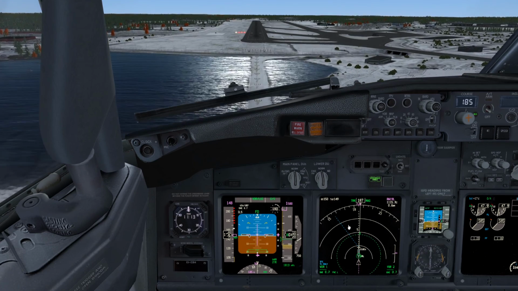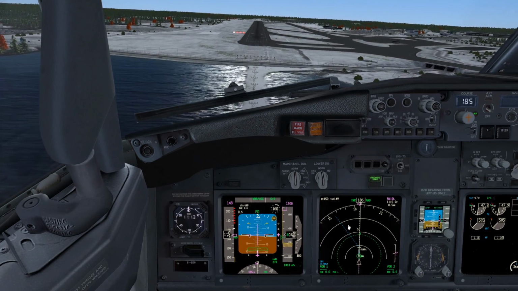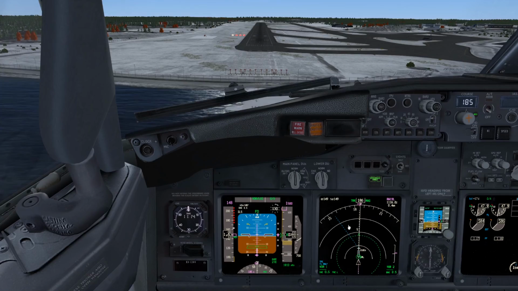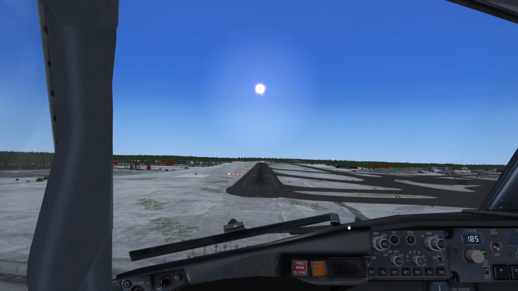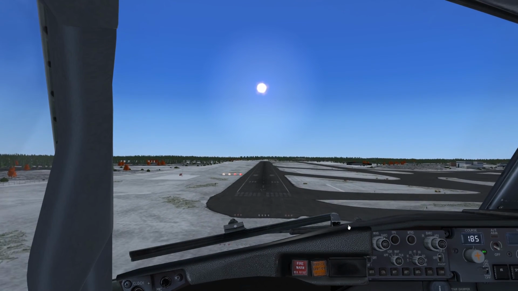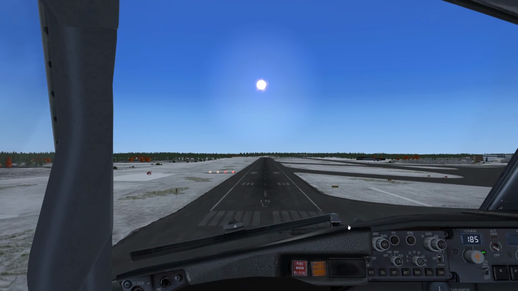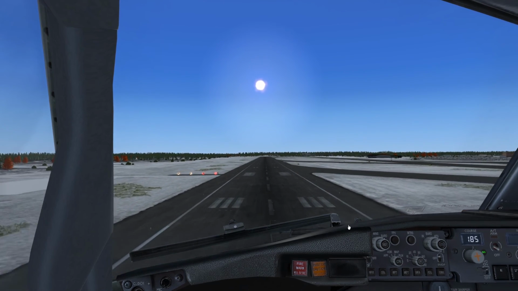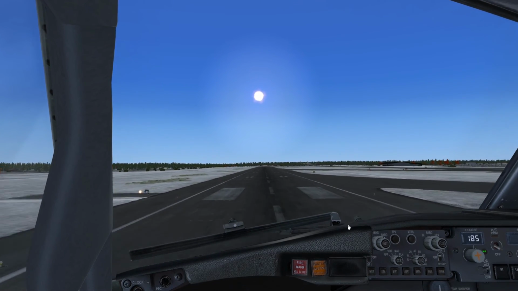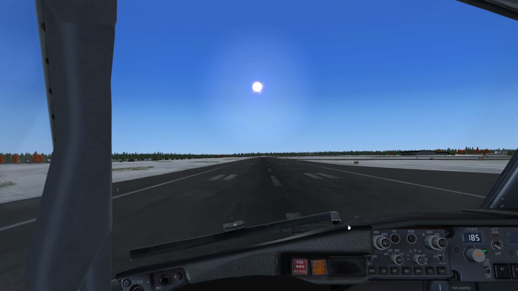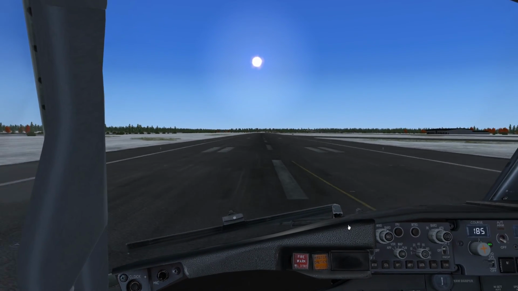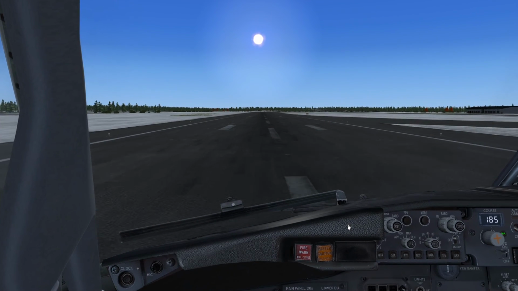Also, we will look at continuous descent approaches or operations. A lot of airports have something called CDA, or as I said, continuous descent approach, which means that you should not level off under a certain altitude.